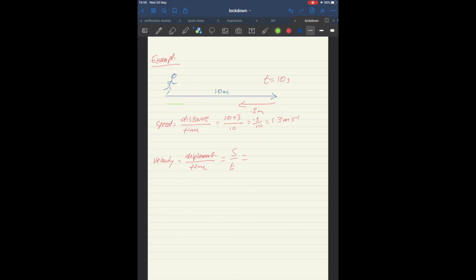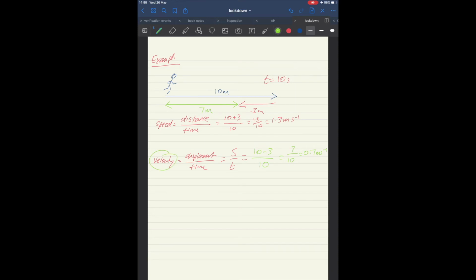Well, there they are. Their distance from the starting point is actually 7 metres, or 10 minus 3 over, still 10 seconds. So that gives 7 over 10, so their velocity is 0.7 metres per second.